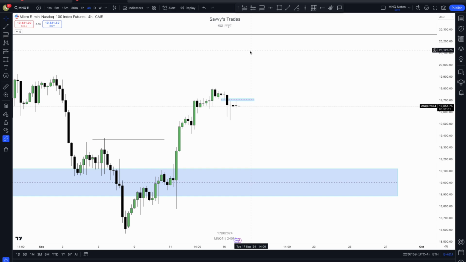So this is something that we'll have to just wait for. But one more take is, whenever you are not sure about your bias, always wait for the 4-hour 6 a.m. candle to close. That will give a very good sign of how the market is going to move, at least for the next few hours.